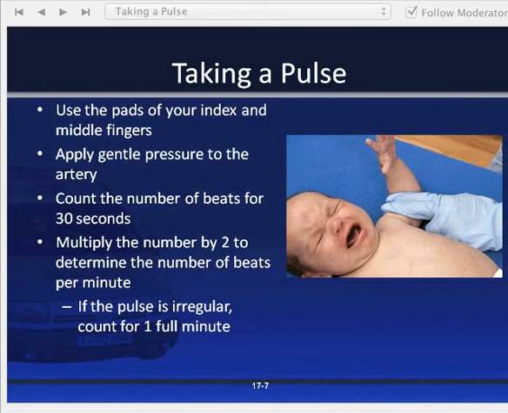If the pulse is regular and your SOPs and protocols allow it, you can consider counting the amount of beats in 10 seconds and multiplying it by 6, or counting the amount of beats in 15 seconds and multiplying it by 4. If pulses are irregular, you will need to consider palpating a pulse for a full minute.